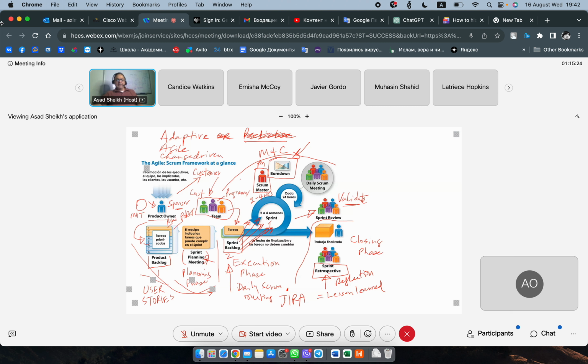But this happens at the end. Unlike on your predictive, where you're documenting your lessons learned throughout the phases. Here, everything is going so fast. If you find something, if you spot something, you fix it. So you're not waiting until the end to do your reflection.